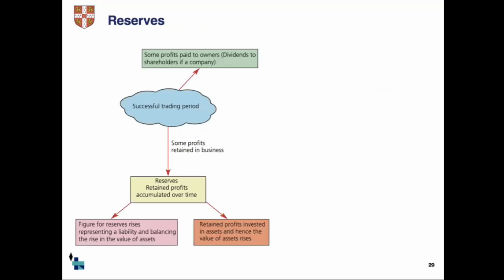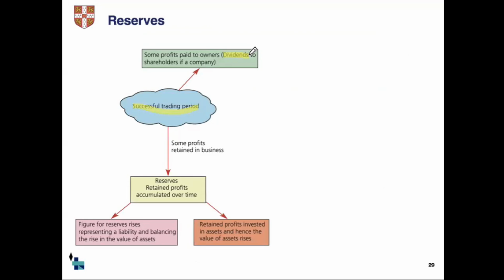Remember, we said that some profits are distributed within the trading period. If trading is successful and profits are generated, some of these profits are paid as dividends to the shareholders of the company.